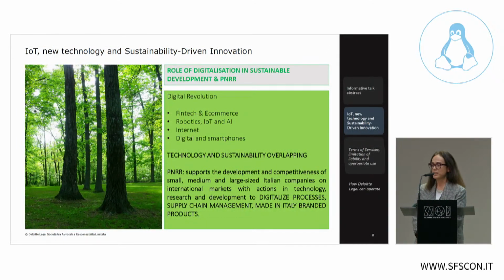So the digital revolution through fintech and e-commerce platforms, robotics, IoT and artificial intelligence, the internet and digital and smart services can really improve the technological and sustainability approach. And the PNRR is expected to support this development also.